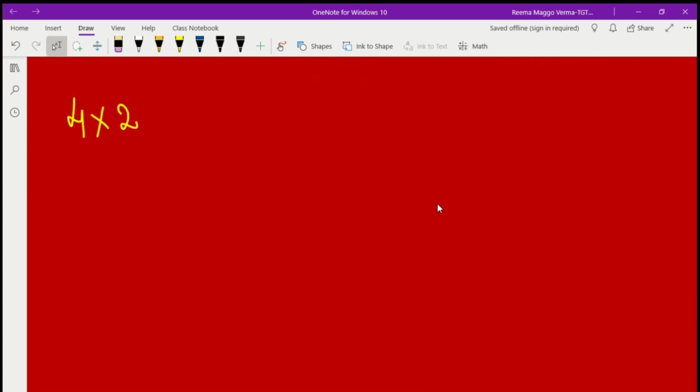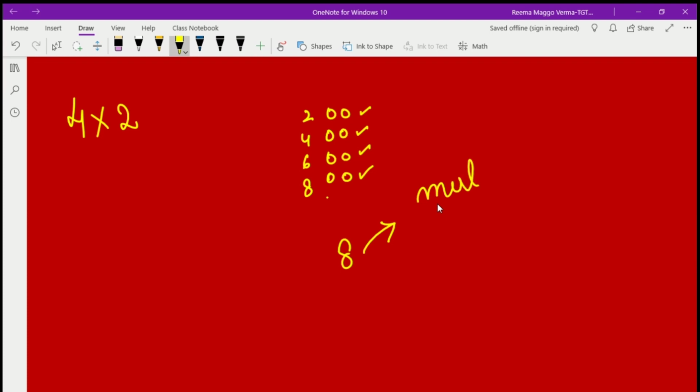Another example, 4 times 2. Now 1 group of 2, 2, 3, 4 groups of 2. 1, 2, 3, 4. 2, 4, 6, 8. So 8 dots. 8 is a multiple of 2 because we get 8 by taking many groups of 2.